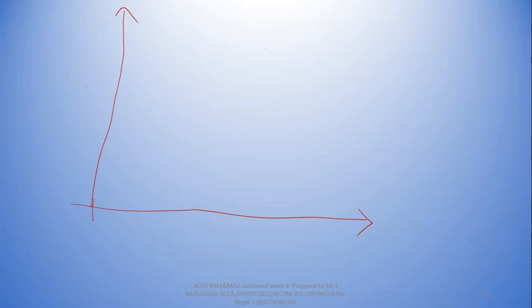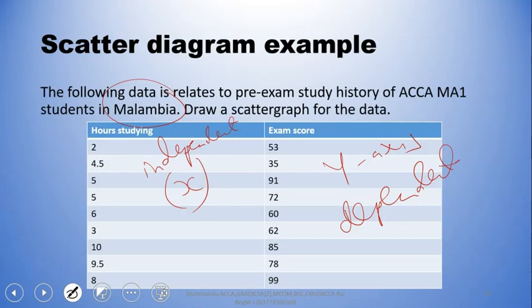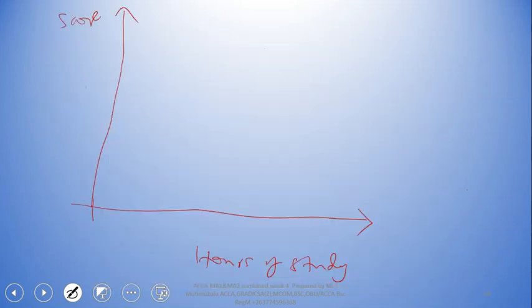So like I said, these are the hours of study. They are for the x-axis, and this is your score. So what was the highest hours of study at a particular point? Okay, 10 hours. So the largest hours of study were 10.